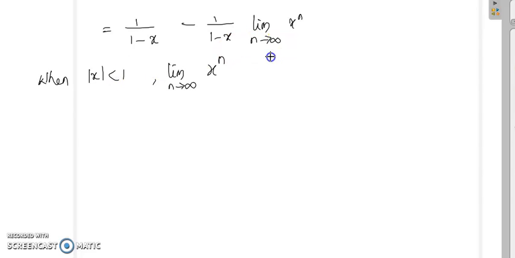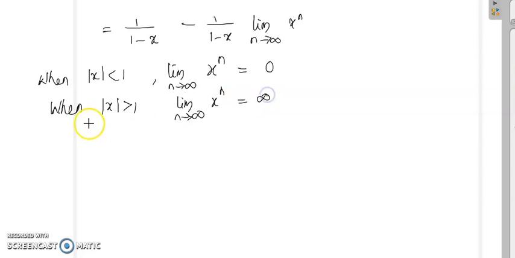So when x lies between minus 1 and 1, limit of this term will be equal to 0, and when mod x is greater than 1, limit n tends to infinity x raised to n is infinite.